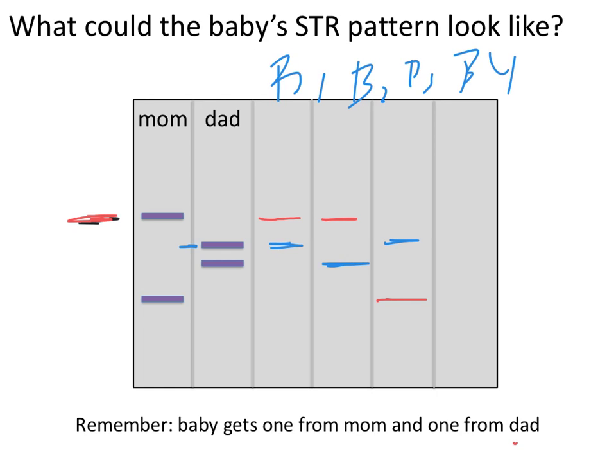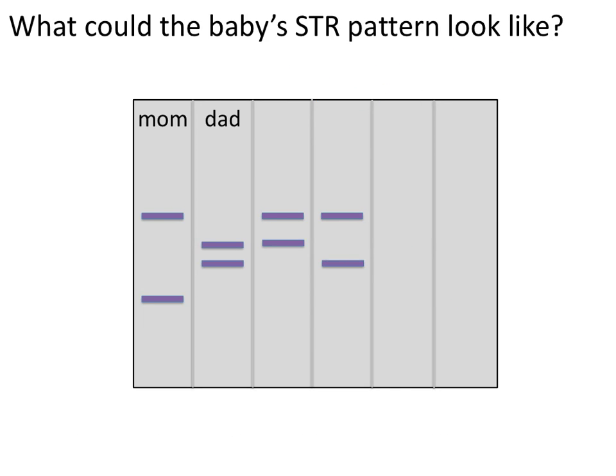And then mom again, and the lower dad. Okay? So a baby can have one of 4 patterns for each pair of parents, because they all have 2. And you can see how it works out.